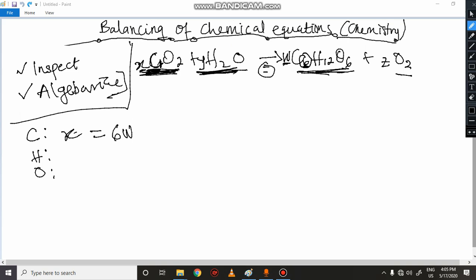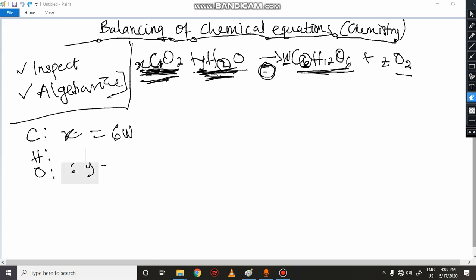Then let's move on to H. When I move on to H, the first term doesn't contain H, so it's 0. Then I come to the next one, which contains 2, so the 2 will multiply y, giving me 2y. Oh sorry, I'm writing it in the wrong place.